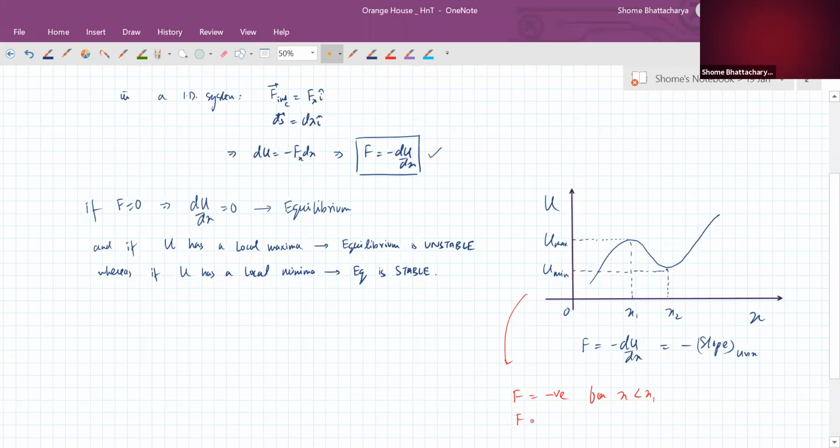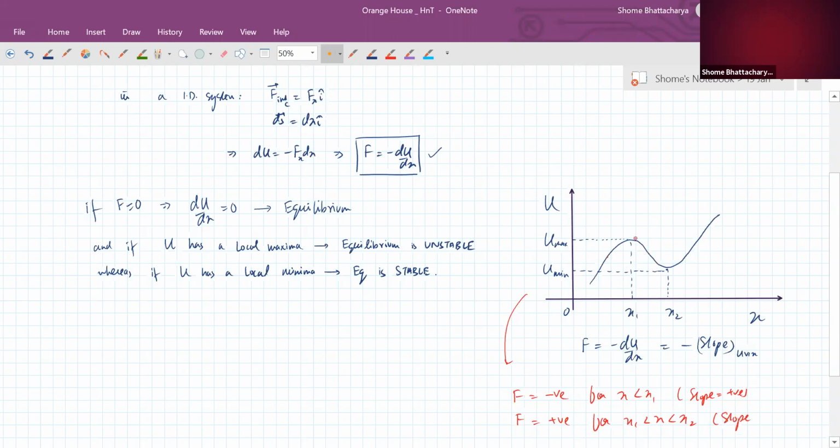And at a point like this, the slope is positive, so this being the negative of the slope, that means the force becomes negative.